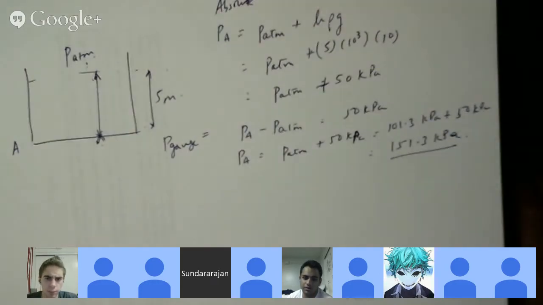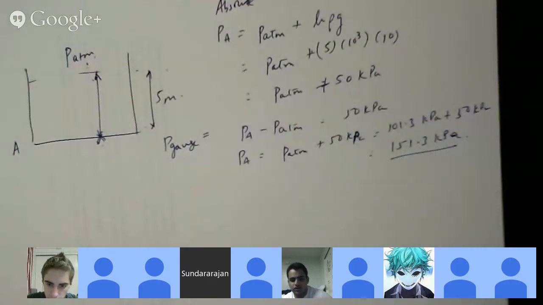P atmospheric is a constant, right? Yeah, P atmospheric is 101.3 kilopascals.